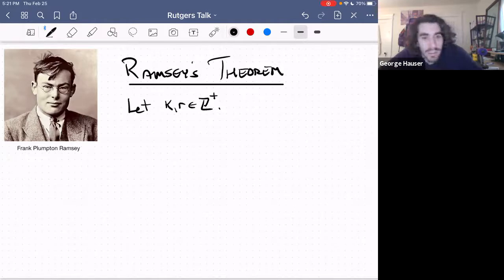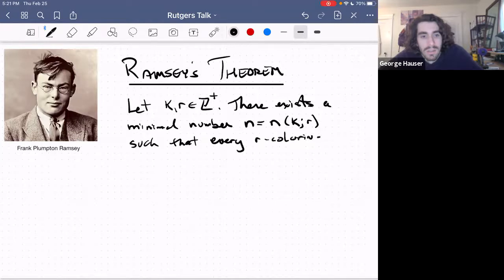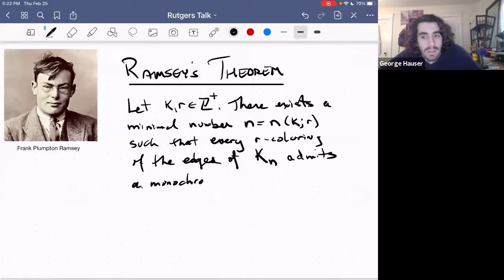So K and R, positive integers, there exists a minimal number, I'll call it N, but it's based on K and R, such that every two coloring, or R coloring, of the edges of Kn admits a monochromatic K sub K. So there's a complete subgraph that's monochromatic, regardless of how you color.